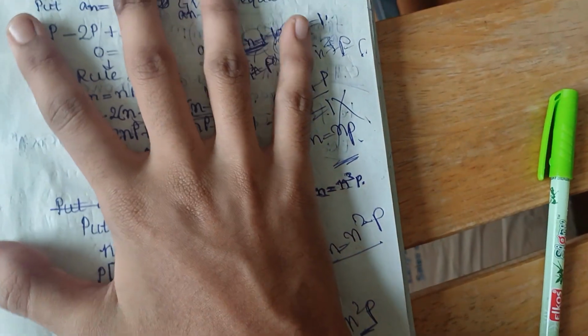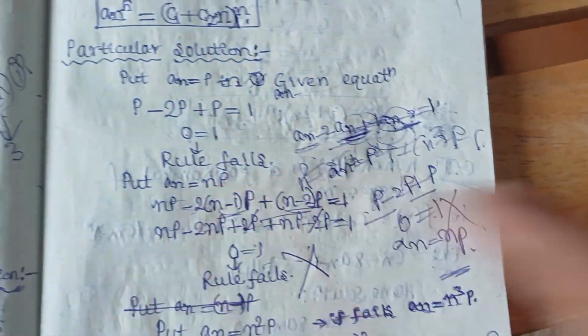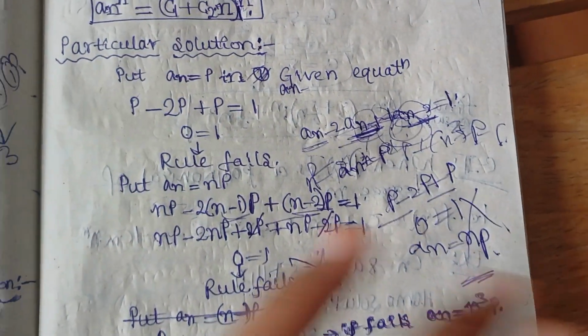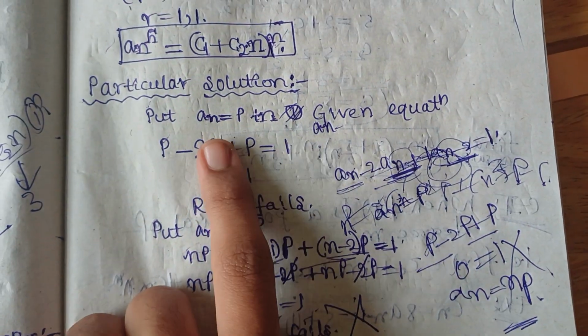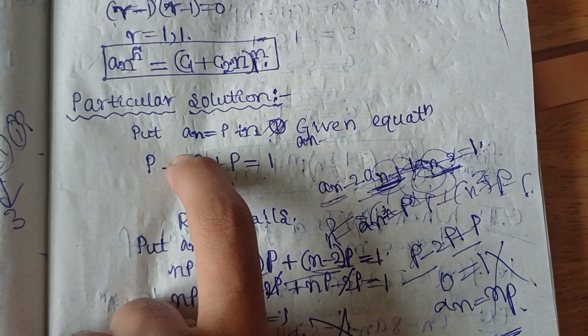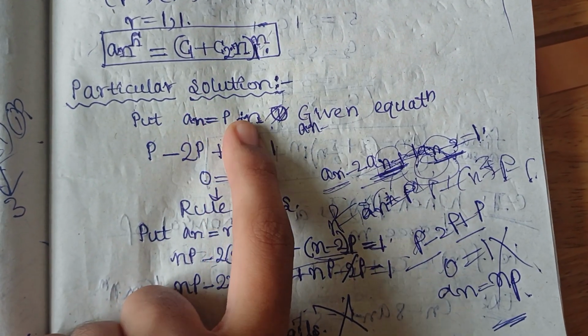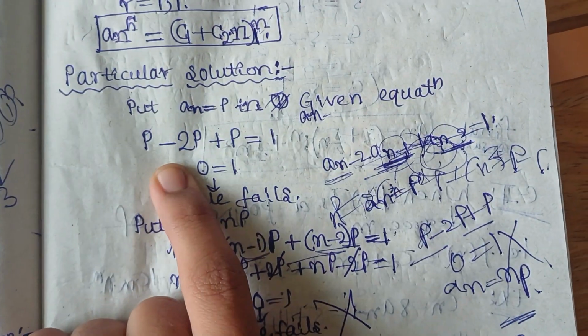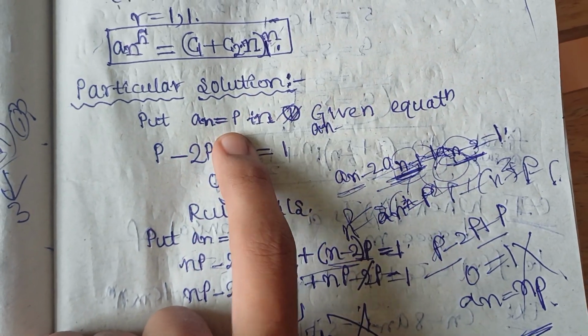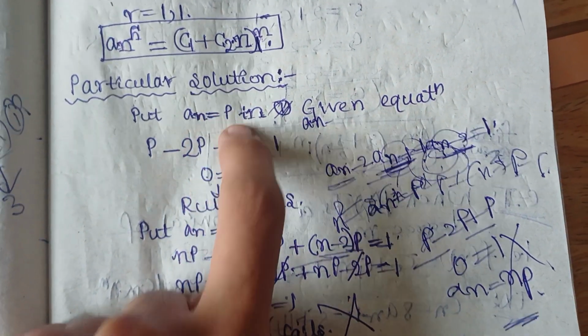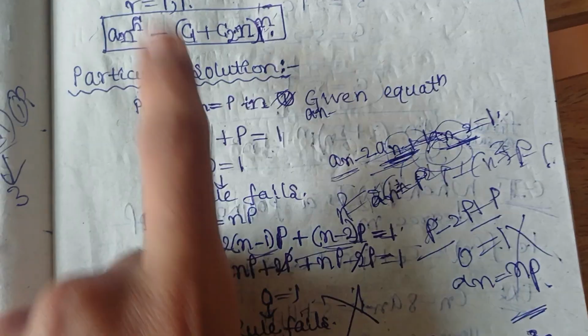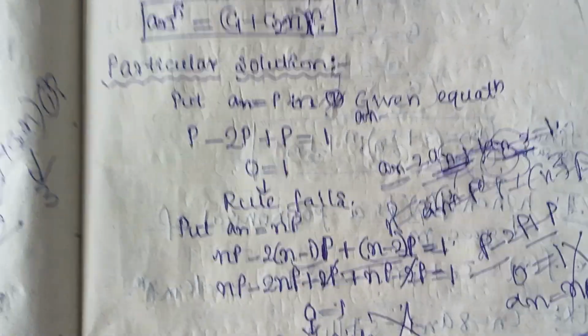So I'll explain this particular solution once again. If you haven't understood, listen to this. Firstly you have to take an equal to p, and if it doesn't satisfy, then take an is equal to np, then n square p, then n cube p. Like that, for every value you have to check.